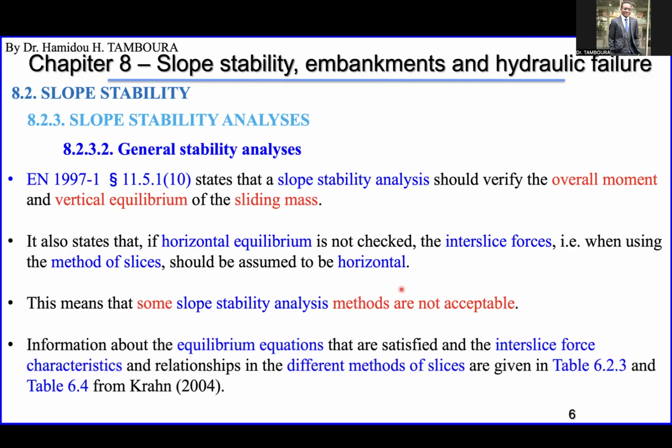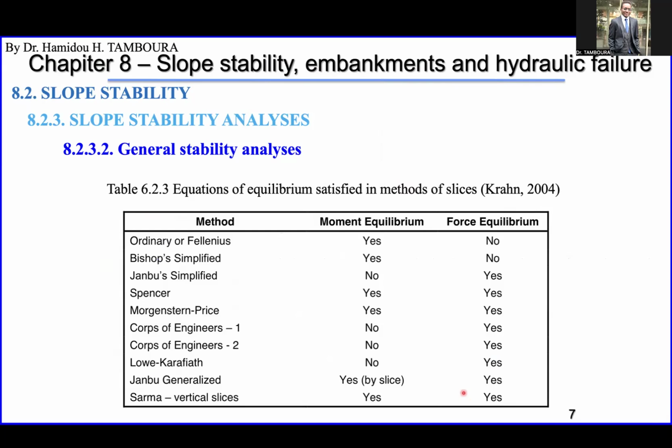Information about the equilibrium equations that are satisfied, the interslice force characteristics, and the relationship in different methods of slices are given in the following table. I'll show you the table.